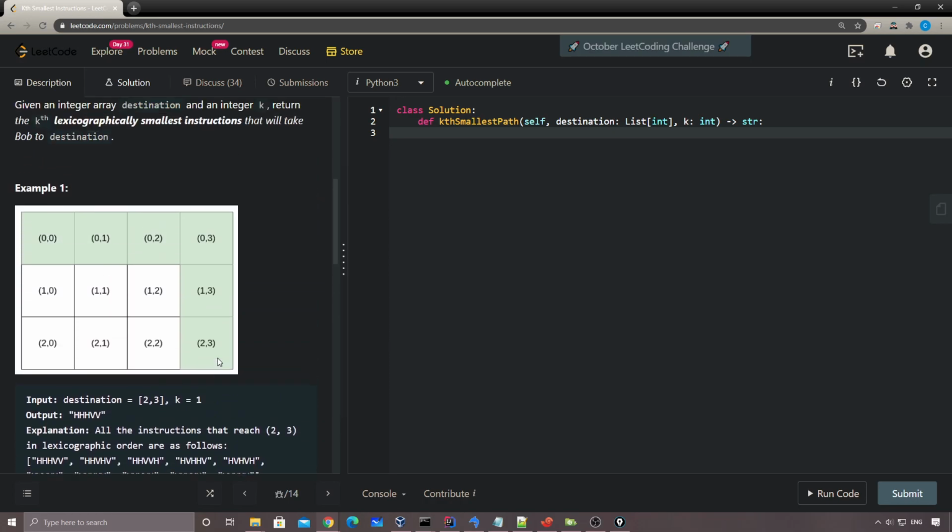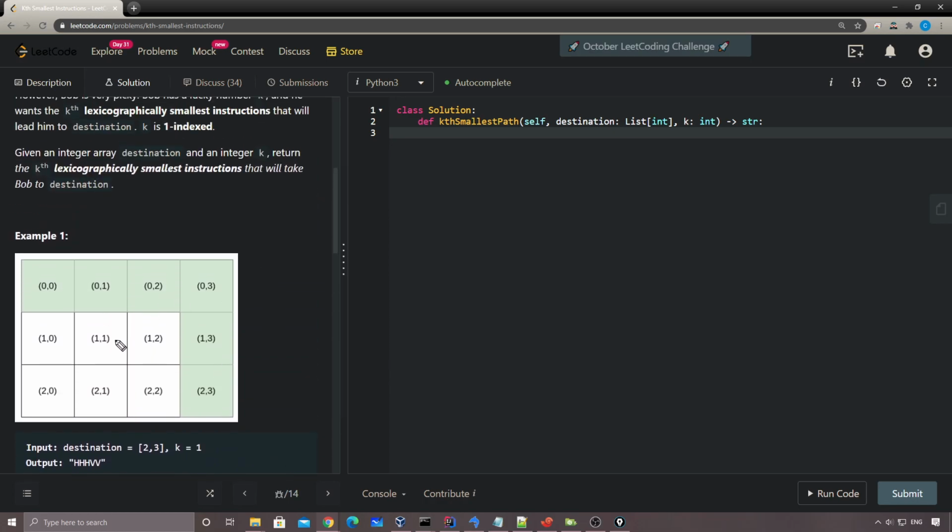Here we have 3 H's and 2 V's, and the total combinations of these 5 letters is 3 plus 2 choose 2. Basically, we're selecting 2 values out of 5.